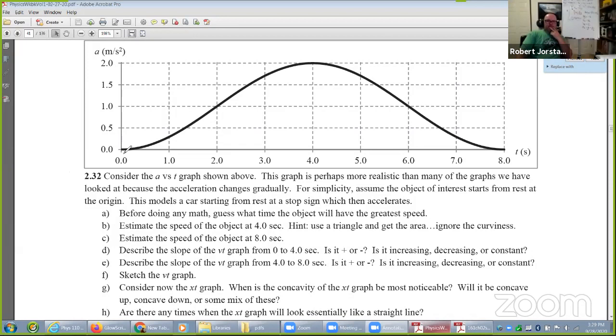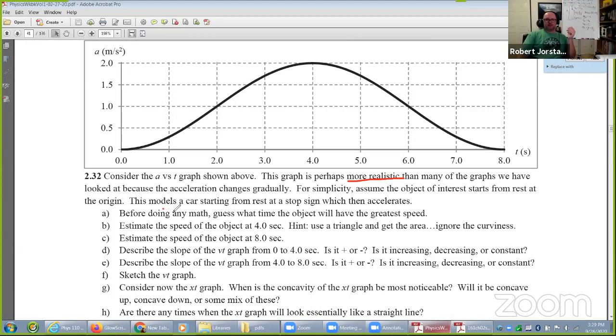Okay. So in this case, up till now, we've always been doing this really crazy stuff where the acceleration changes in a very jerky manner. And that's good enough to get the job done. But this is starting to be a little bit more realistic, and that usually means more tricky.